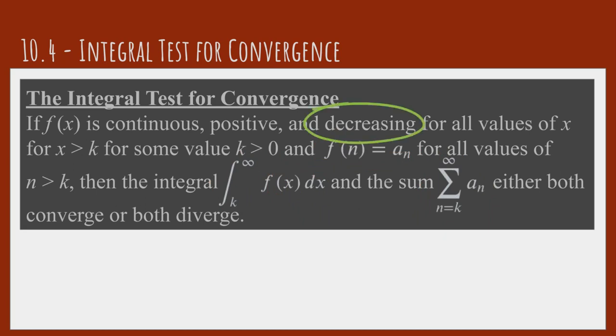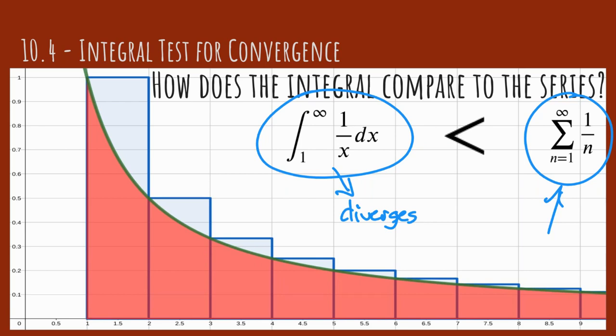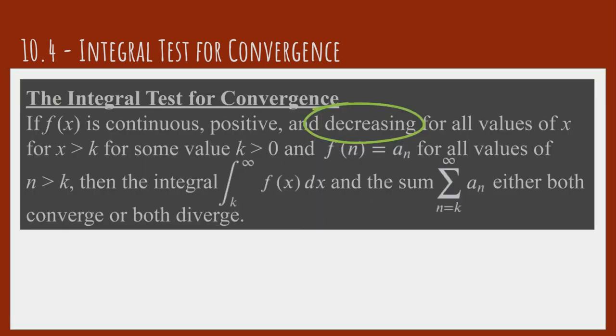I mentioned the decreasing part when we looked at the picture here. If it meets all of those criteria, then if the integral converges, the sum converges. If the integral diverges, the sum diverges. So in very specific situations where we know what the improper integral of some function is, or if we're able to evaluate that, then we can determine whether the series that matches up that function is going to converge or diverge also.